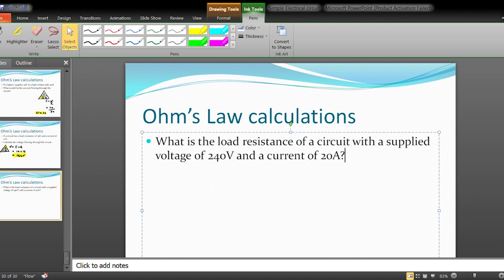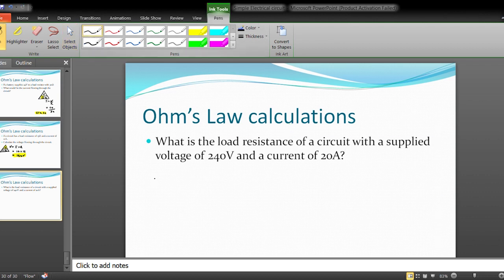So it's asking us to find the load resistance. Once again, we can draw the Ohm's law triangle. Highlight the one that we're trying to find, isolating the other two. So R is equal to V divided by I.